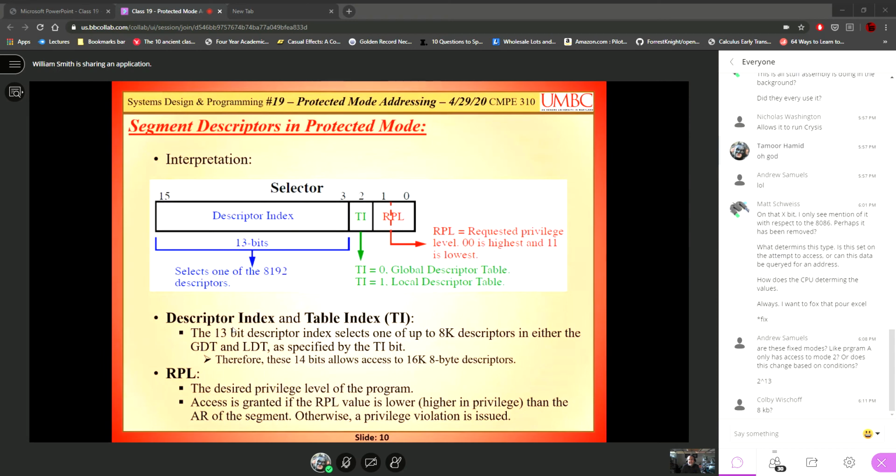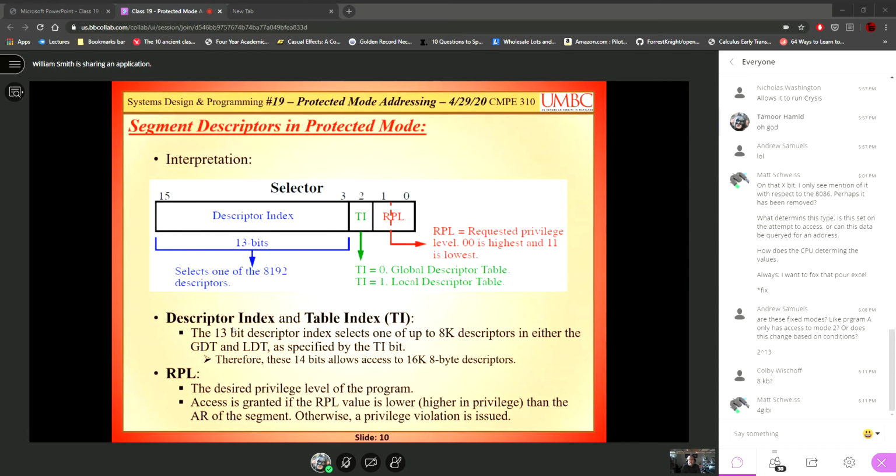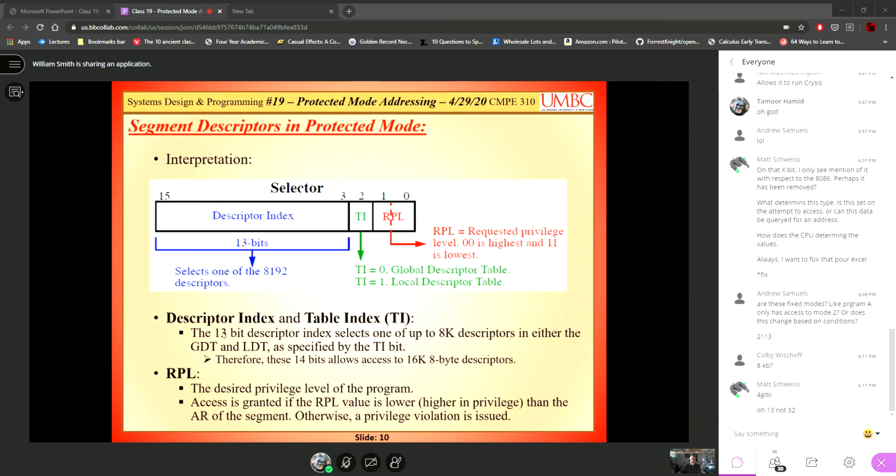That's 8K, not 4 gig. Yes, 13, not 32. So 13 bits is going to get you to 8K.